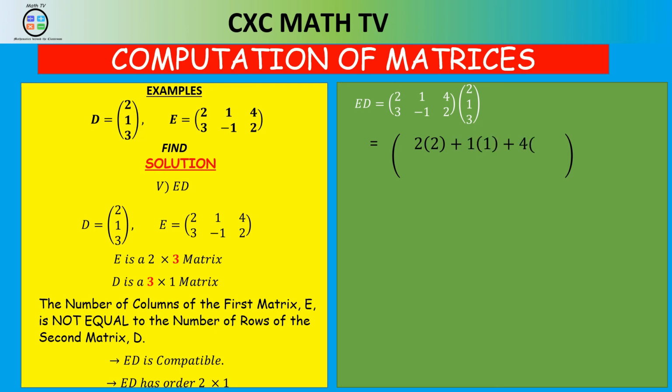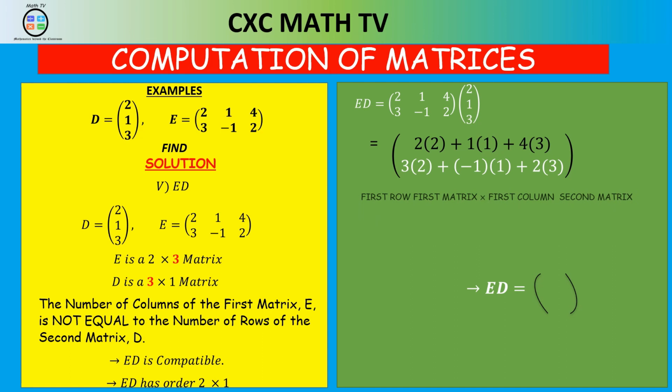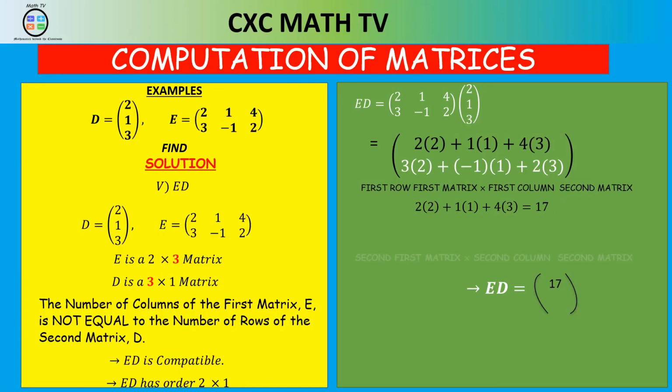So E times D, we go first row of the first matrix times first column of the second matrix. And so that is going to be 2 times 2 plus 1 times 4 plus 4 times 3. That works out to be 17. Then we're going to go second row of the first matrix times the column of the second matrix.